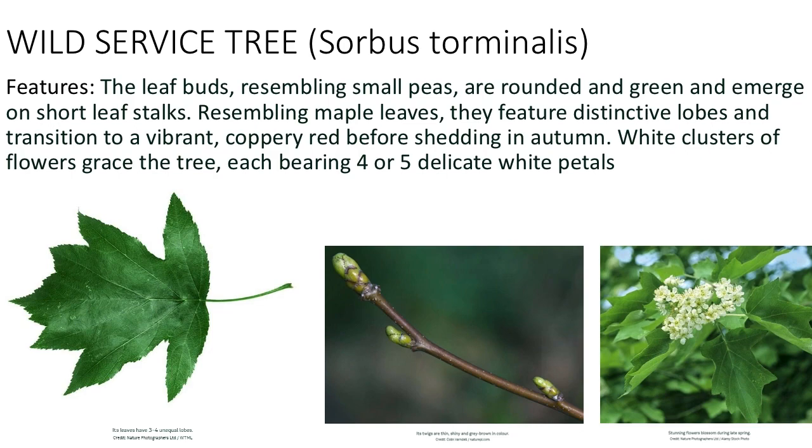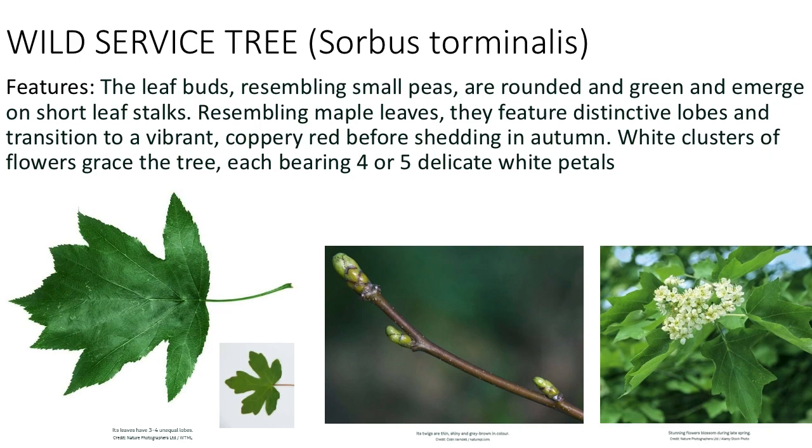It is possible to confuse this species with maple. Although they have similar leaf shapes, the leaves of the wild service tree don't have such distinct lobing as found in maple leaves. So I've actually included a picture of a maple leaf, which I'll just pop on the screen there. So as you can see, the lobes of the maple leaf go much further towards the midrib than the wild service tree leaves.